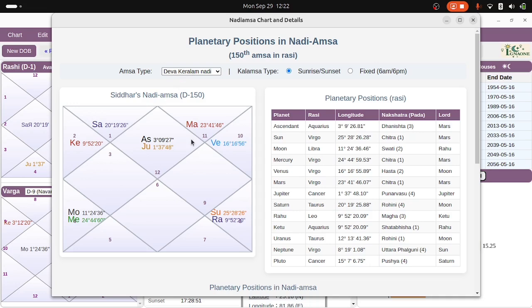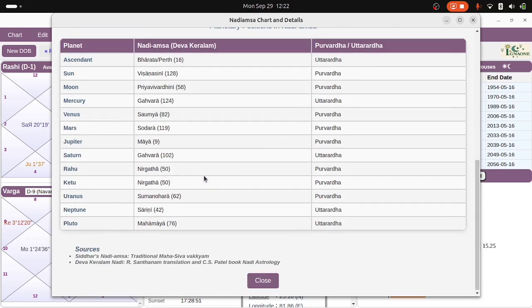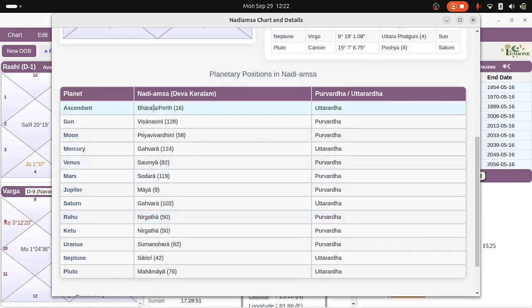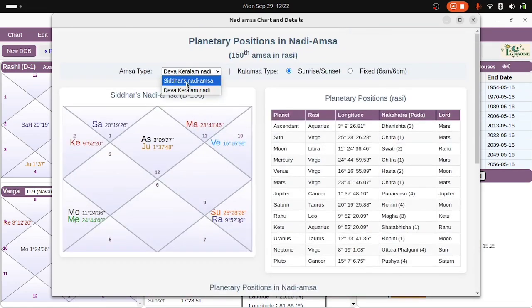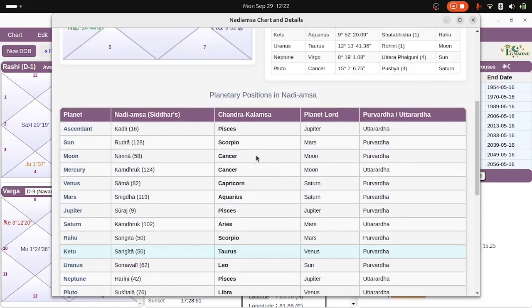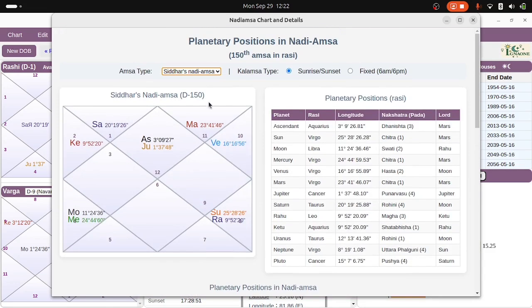You may draw any other chart, but this chart shows that the rising sign from the Rashi falls in Pisces, Meena. Sorry, I changed it here, so I should go back there. So here, ascendant Kadali, Pisces. This is only possible in Siddhar.